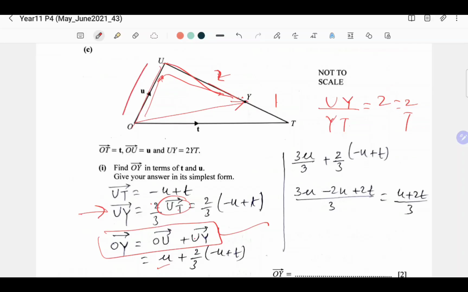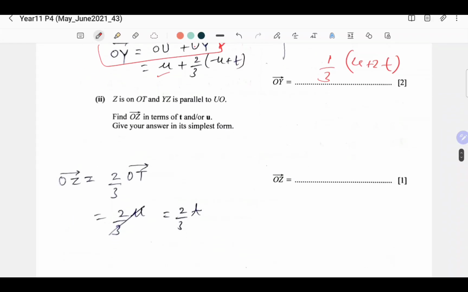For UT we can follow this path: minus U plus T. So UY is 2 over 3 of (minus U plus T). Now OY is OU plus UY, so U plus 2 over 3 (minus U plus T). U can be written as 3U over 3, denominator is the same, so 3U minus 2U plus 2T. So this is the answer: we can write 1 over 3 (U plus 2T).